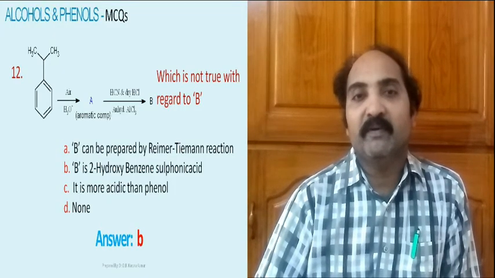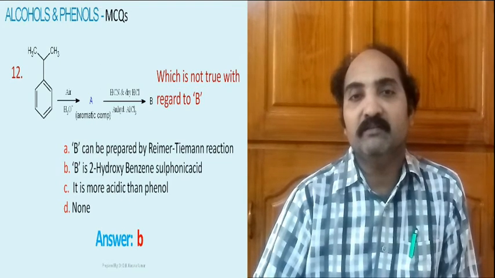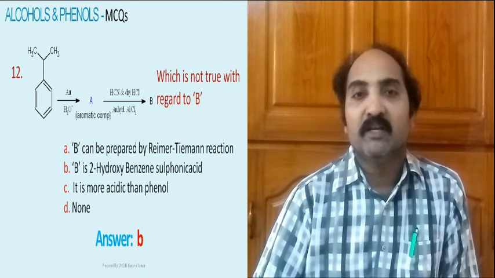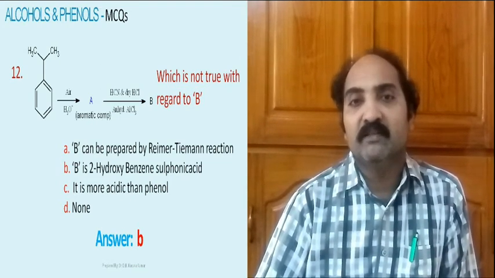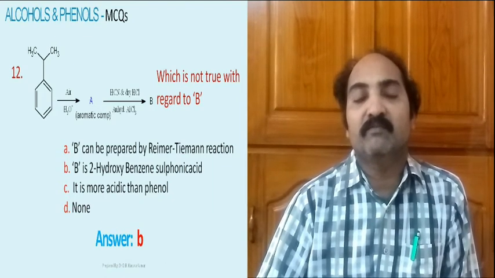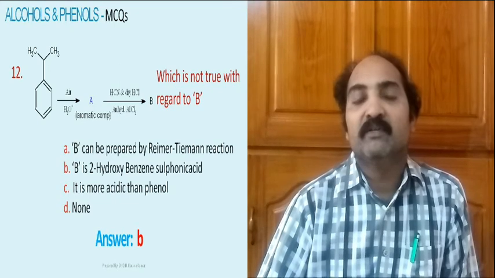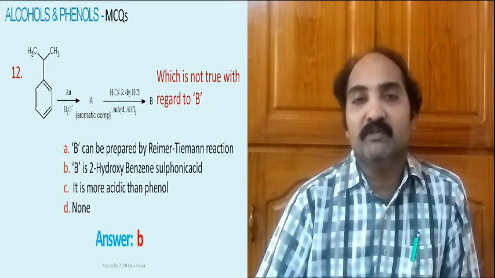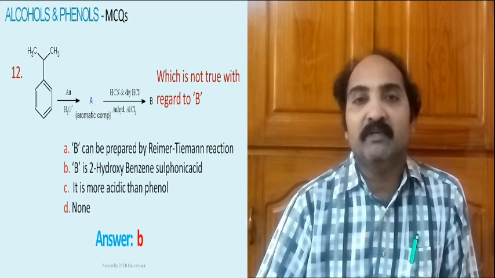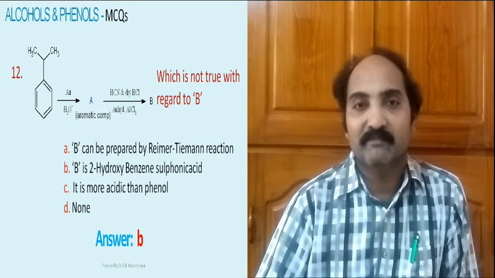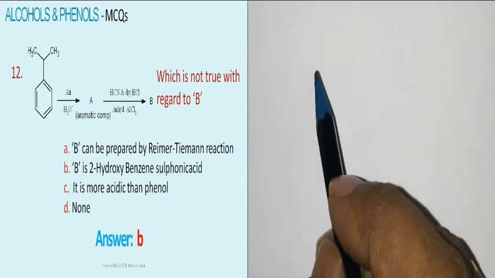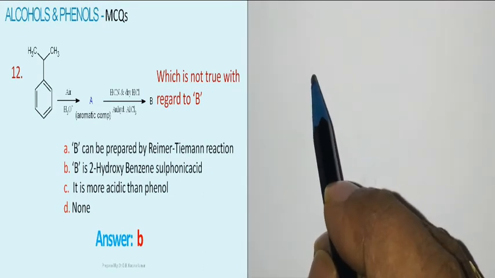Another important aspect in organic chemistry is with regard to named reactions. We have a number of named reactions, and all these named reactions are very, very important in terms of competitive examinations. Therefore, this is a question pertaining to Gattermann aldehyde synthesis. Now, question number 12 is already partly answered in question number 11 itself.